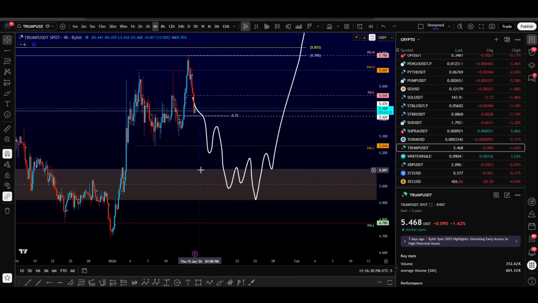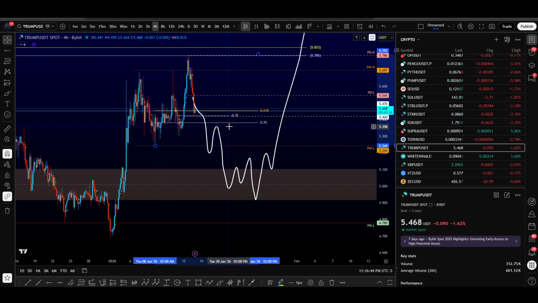Areas I'm looking to long, again, around $5.10. Also around $5.25 if we can get some of these lows taken out. But if it wants to defend this week's low, then a little bit more move to the downside at $5.40. Maybe even take these lows.